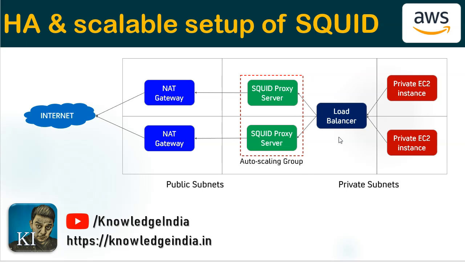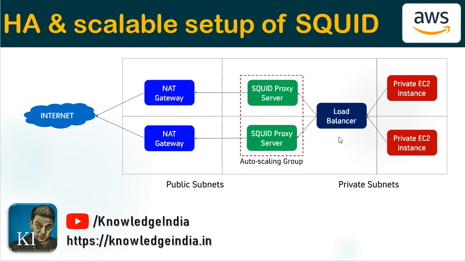Also, this SQUID proxy server is managed by an auto scaling group. So in case a lot of requests go through, or there is a lot of traffic, the number of SQUID proxy servers can increase as well. And if a particular instance goes down, no problem, another instance would come up automatically.